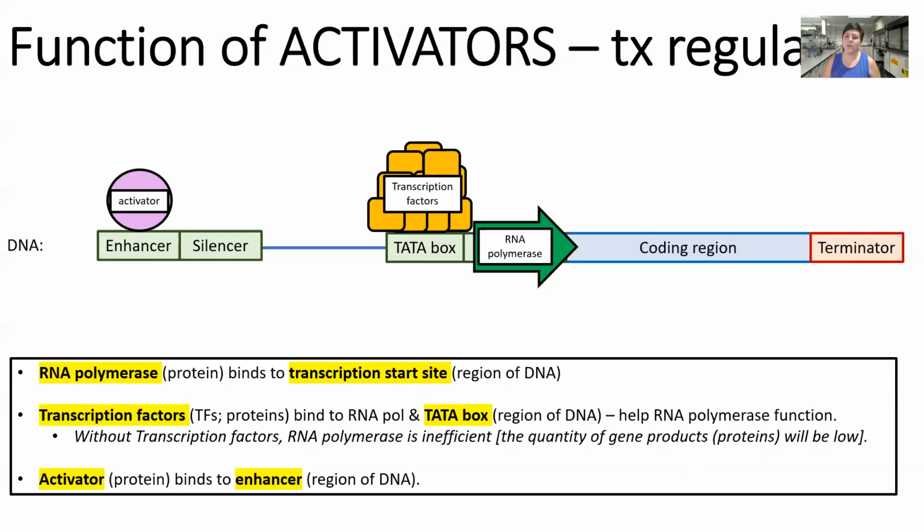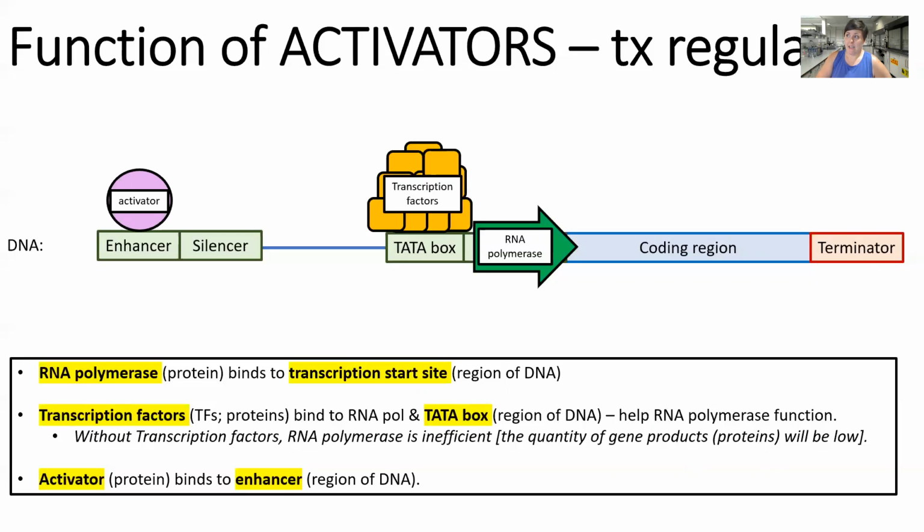The enhancer is a region of DNA, a region of nucleotides. And an activator, just like transcription factors, is composed of protein. It's a DNA binding protein. So it binds to the enhancer, which is a region of DNA.